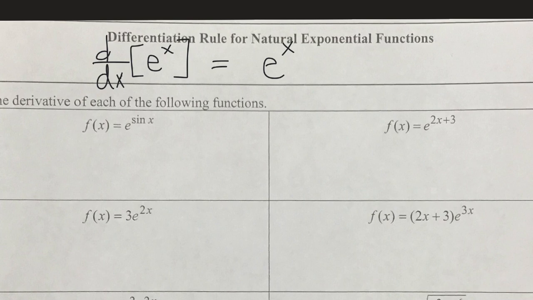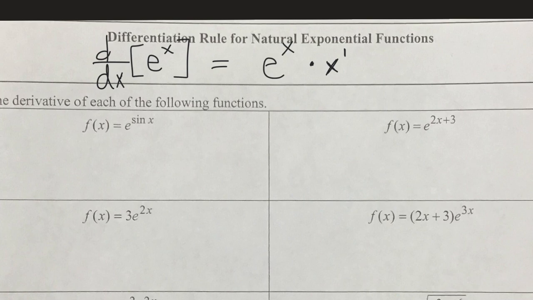So the derivative of e to the x is e to the x, but of course because of the chain rule, we have to multiply by whatever the derivative of that power is. So do not forget to do the chain rule for every one of these exponential functions that we're going to be taking the derivative of.